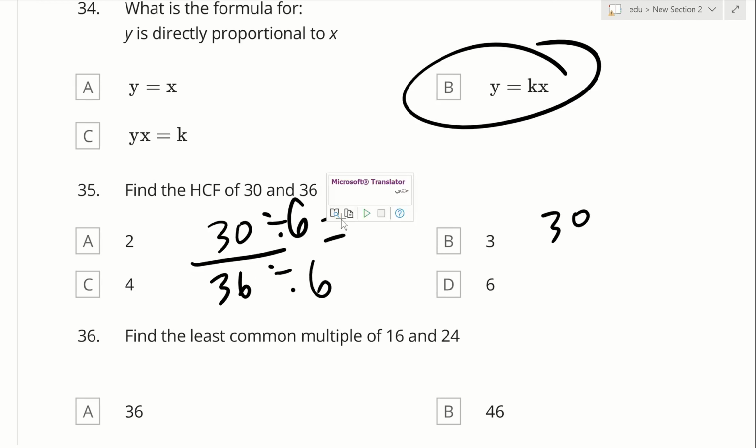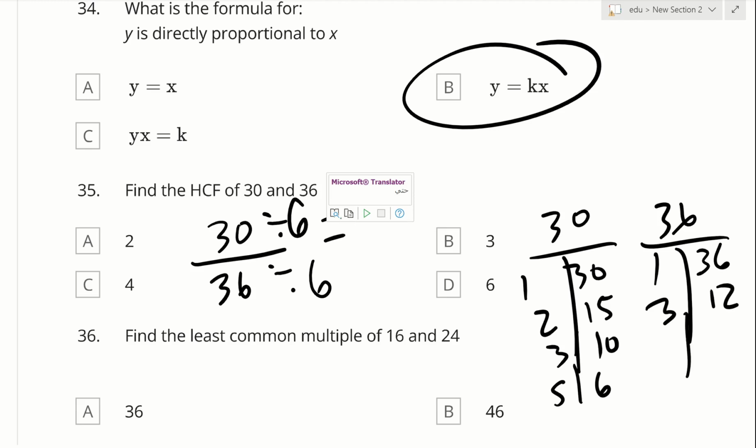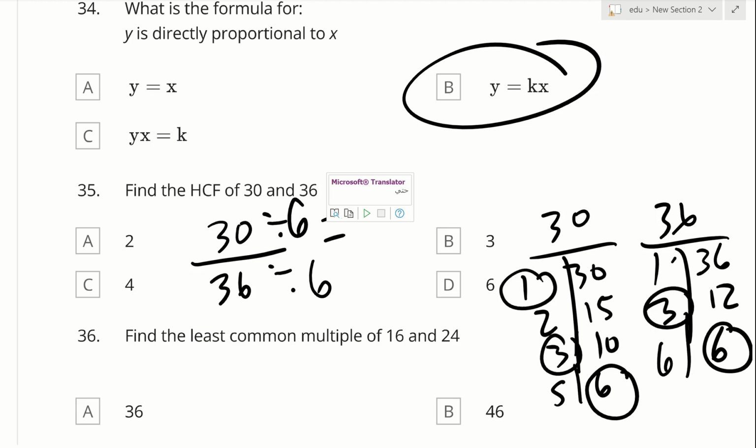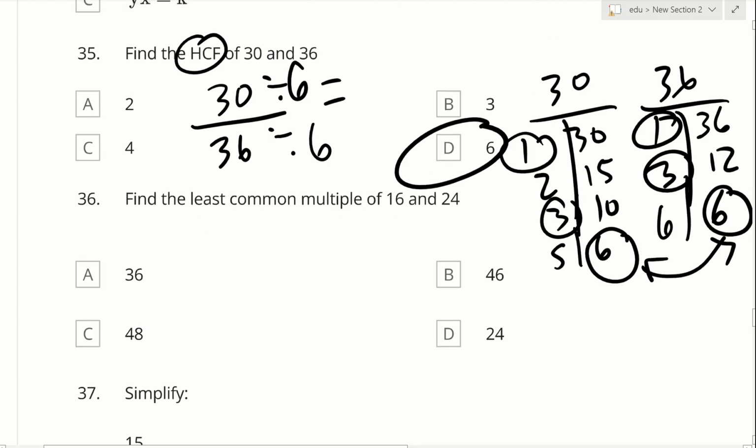Another way I could do it is I write down all my factors. 1 times 30 is 30, 2 times 15, 3 times 10, 5 times 6. 1 times 36, and 3 times 12, and 6 times 6. So the biggest number that they have in common is 6. So that's my answer. So the biggest number, the highest number.